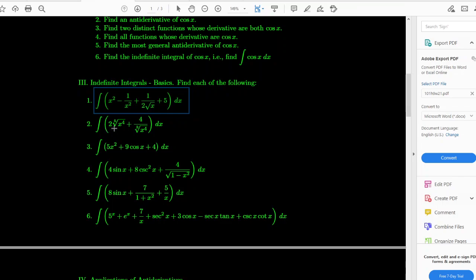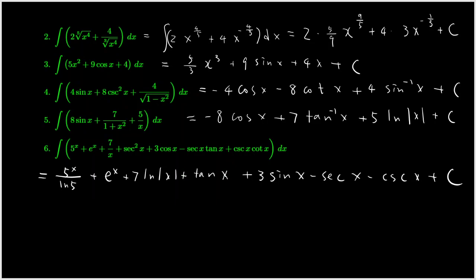I think the only way to do question 2 is to convert the radicals to the form of the power functions before you use the power rule. And question 3, 4, and the question 5 and 6 are all designed for the basic formulas. So maybe some comments on question 2. I did not make any mistake on purpose.